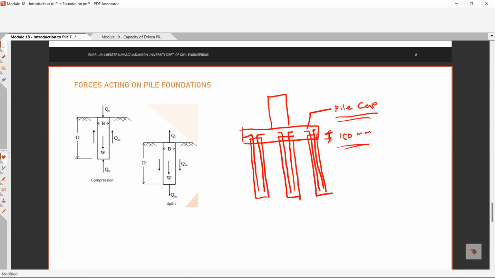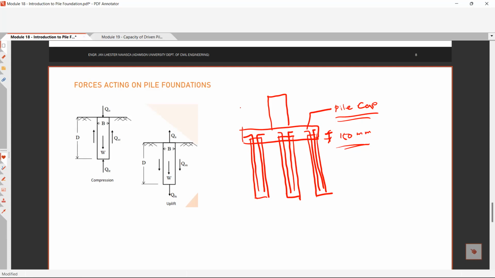So kapag nag-pile driven kayo, okay, yung mangyayari dun sa after mag-pile driven, expose yung mga rebar niya, expose. So this is high tensile rebar. So most common dito is mga grade 70. Okay, 70 KSI yung rebar na ginagamit dito. Okay.